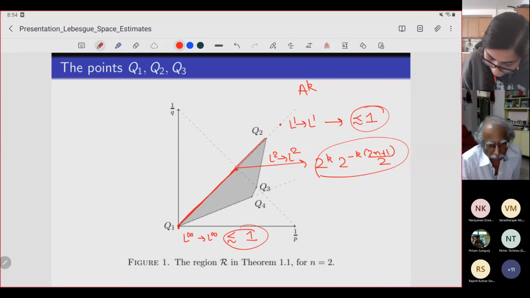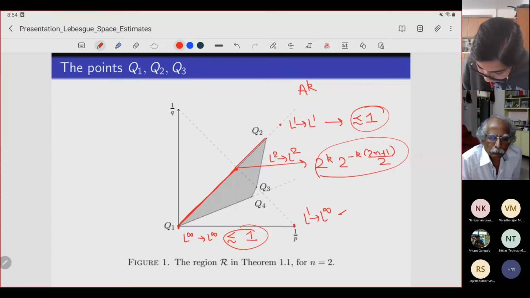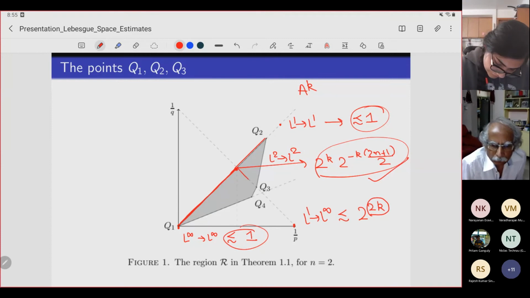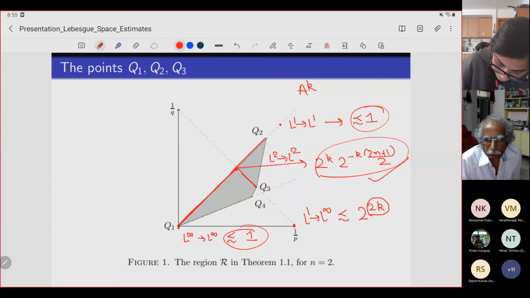And similarly for Q3, you interpolate with an L1 to L infinity estimate, where you also lose. Here you actually lose 2 to the power 2k, but again you gain a lot over here. So then you can stretch again and you reach Q3. So that already gives you 3 points, Q1, Q2, Q3. All that is left now is Q4.